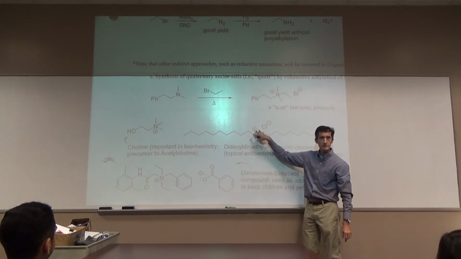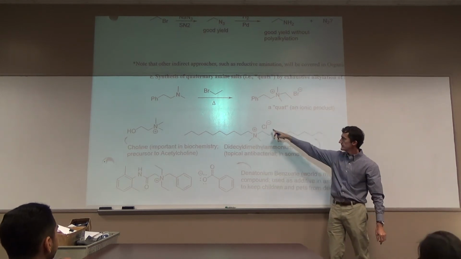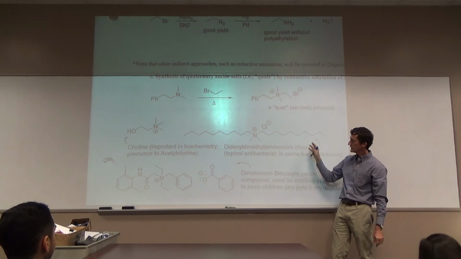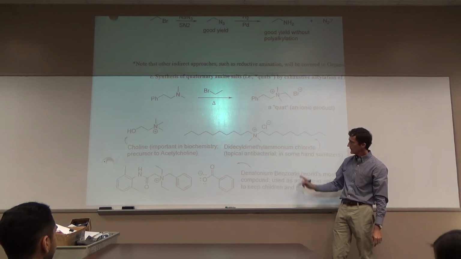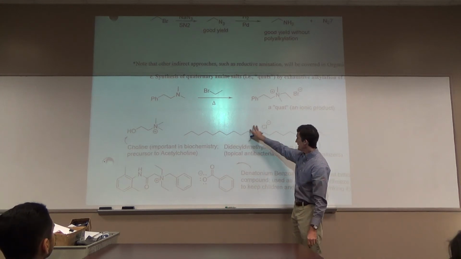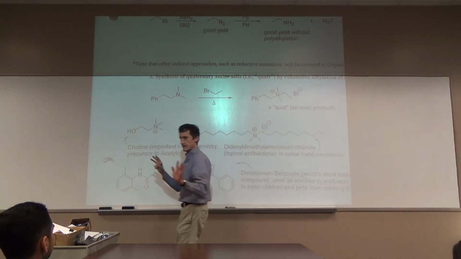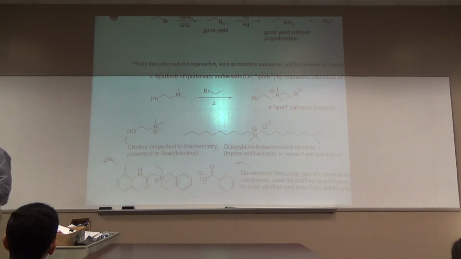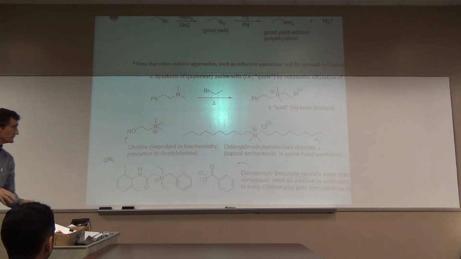Ammonium, because it's a positive ammonium, and then the anion. This is a common topical antibacterial. Apparently the ions disrupt the, I don't know, do bacteria have cell walls? Yes, but they're made of different material. It can kill the bacteria probably by disrupting cell walls or membranes, some of that stuff.